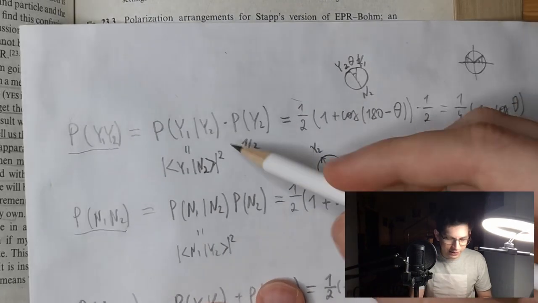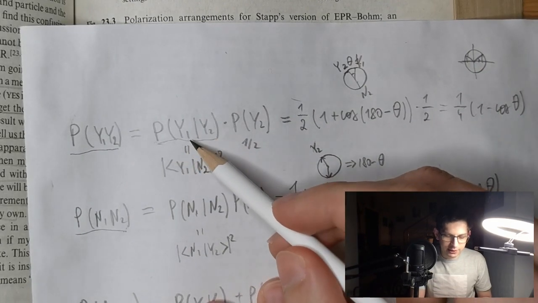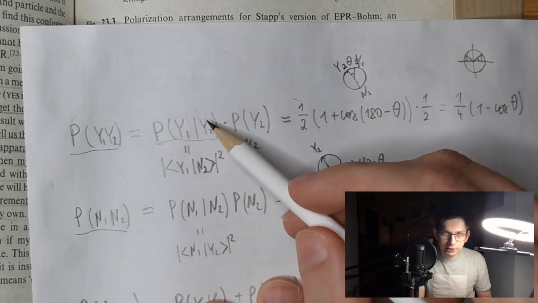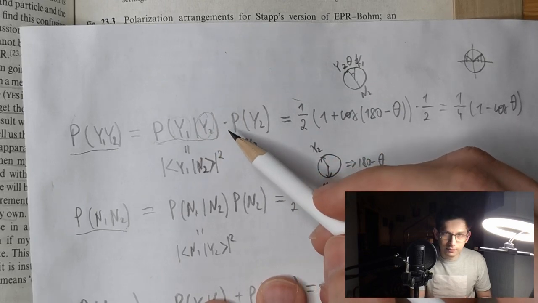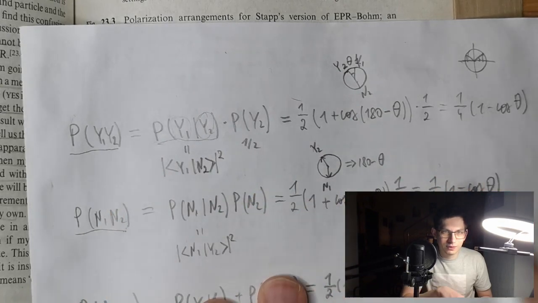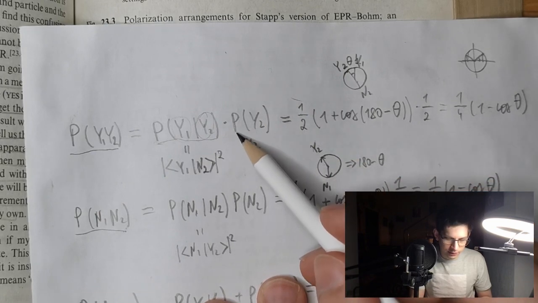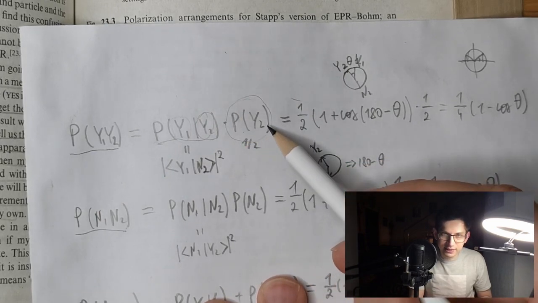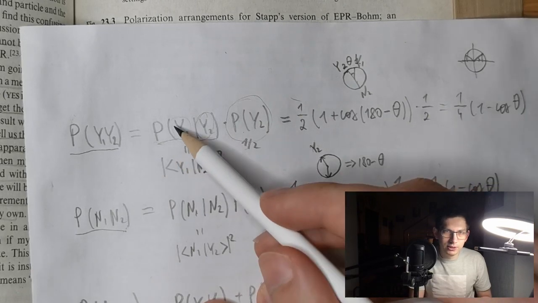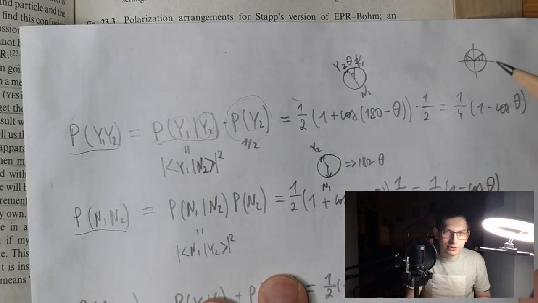And afterwards, I just think about that as conditional probability: what is the probability of having yes at the first detector if on the second one we get yes. And I decompose this probability on the left as the product of the probability of yes happening at the second detector, which is 1/2, and the conditional probability of yes happening at the first detector if yes happened at the second already.